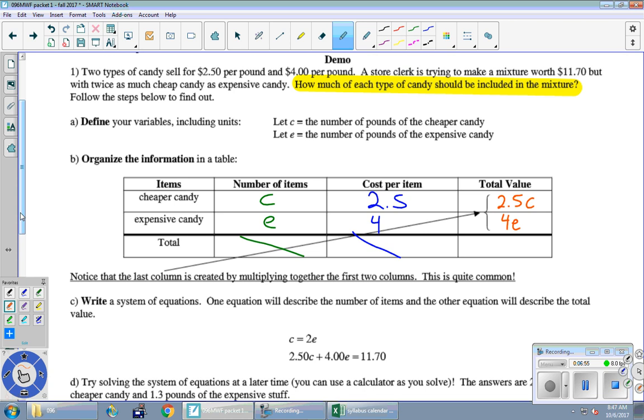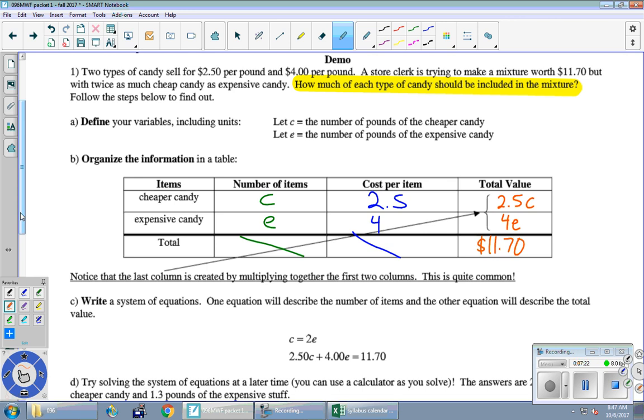Okay, total value, bottom row is the total mixture. It's a number. How much is the value supposed to be for this bag? It is 4E plus 2.5C. For sure, that is the value of the bag. But as a number, it's also given in this problem. What's it worth? We are trying to make something worth $11.70, yeah?